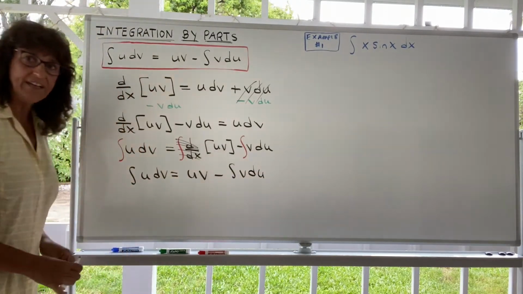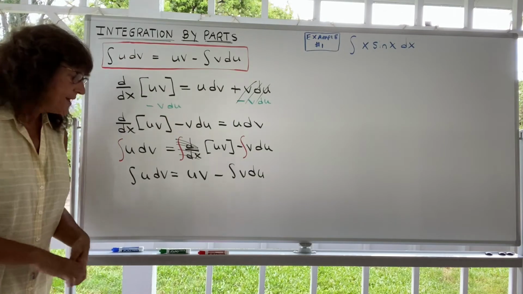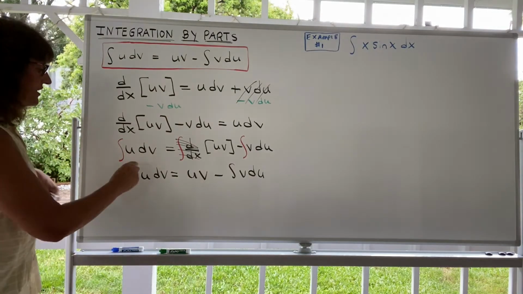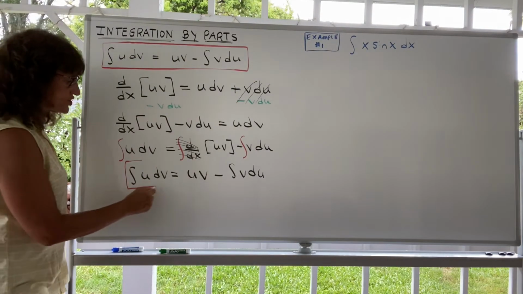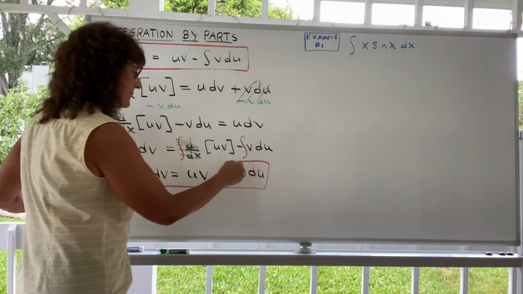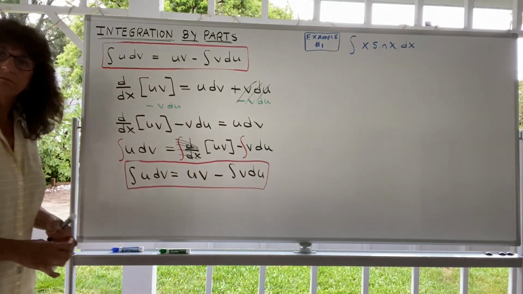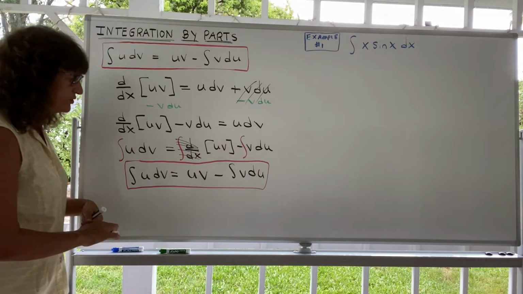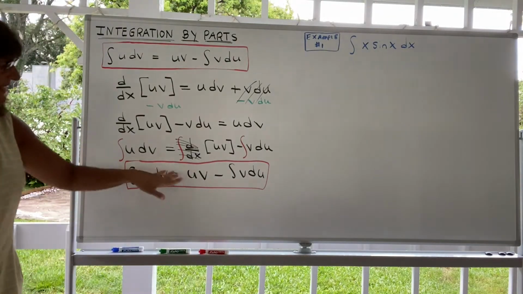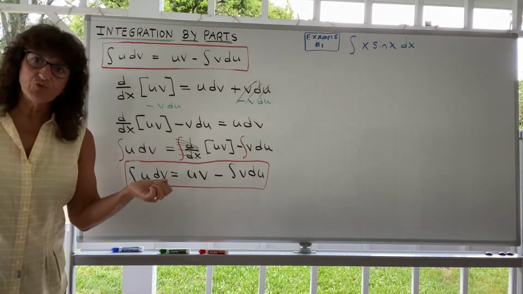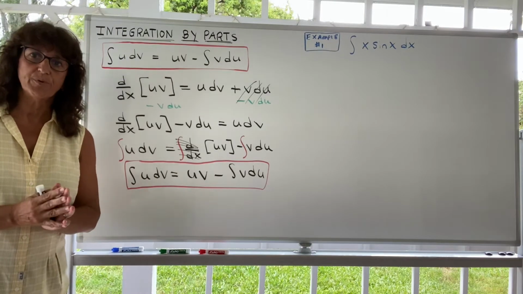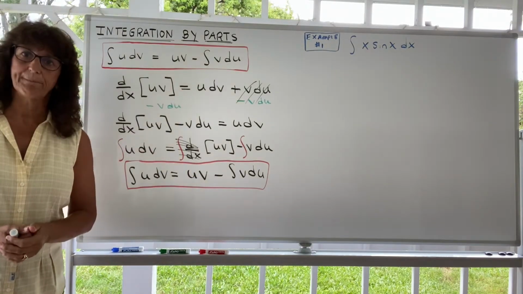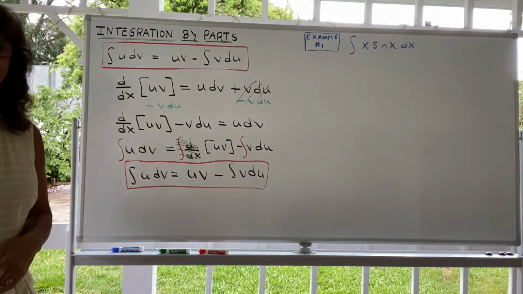This is your integration by parts formula. This is how you would use the integration by parts technique when needed, as you learned it in your Calculus 2 class. Again, it is derived from the Calc 1 derivative formula for the product rule.